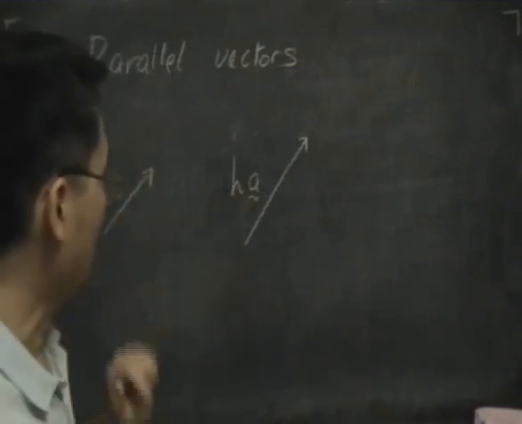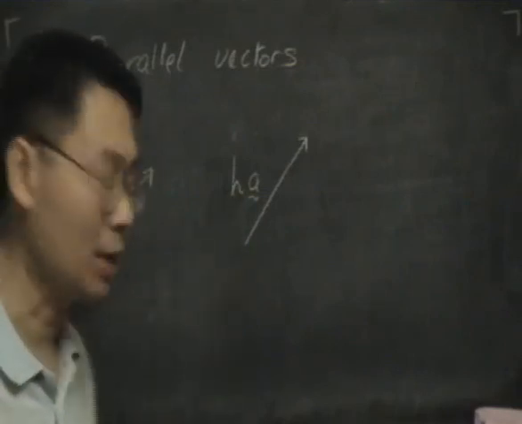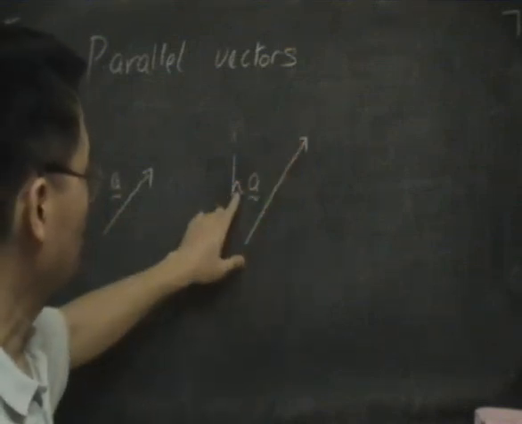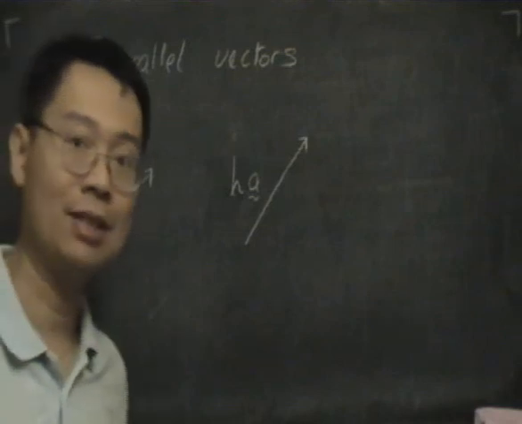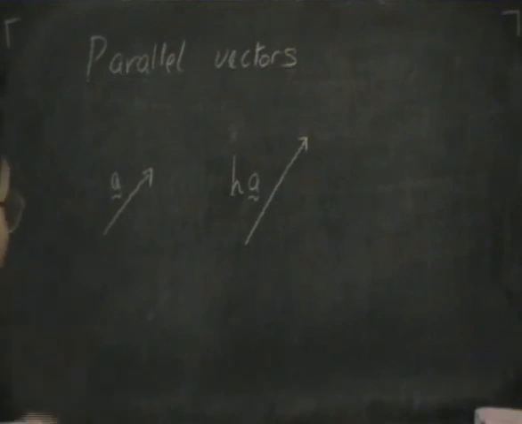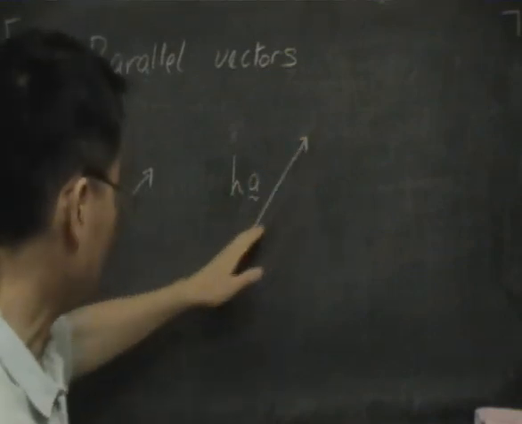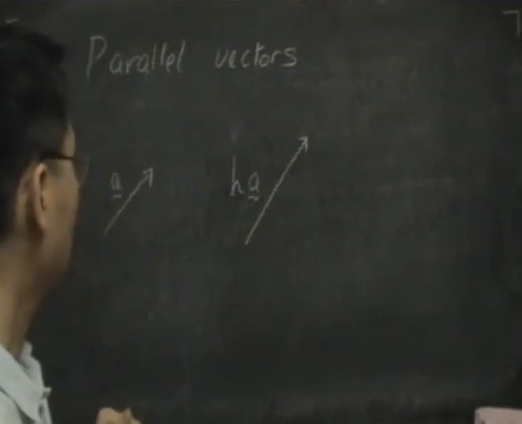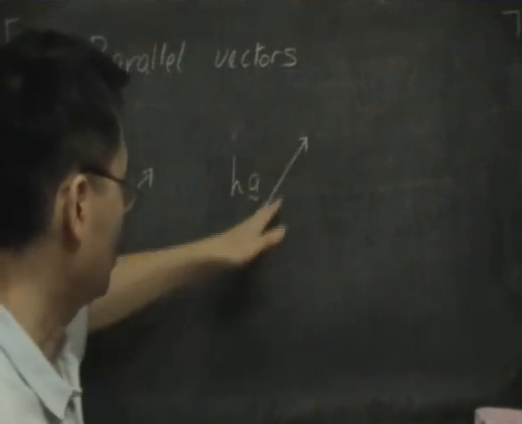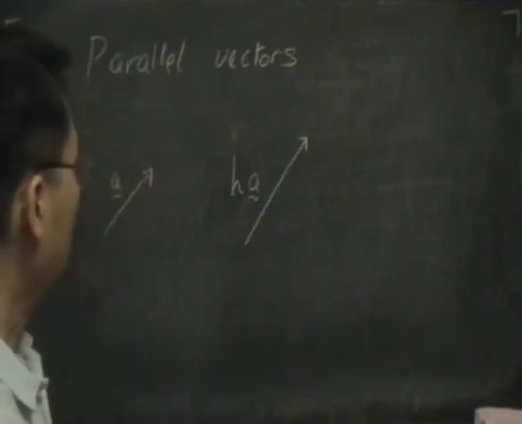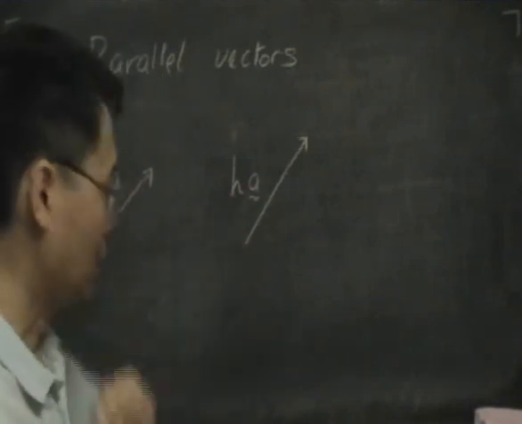The letter H represents a number that I don't know, and I let this vector be H times the vector A. So I'm doing some algebra down here. So if I know that this vector has the same direction as A and it has some length that I don't know, then I can call it H times A.